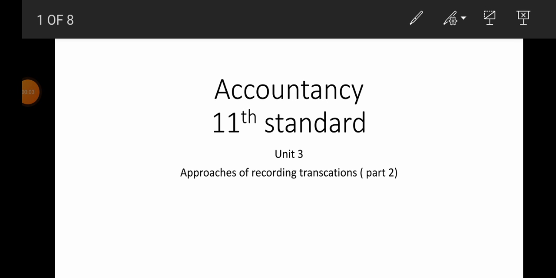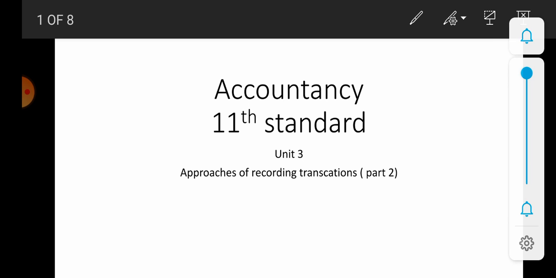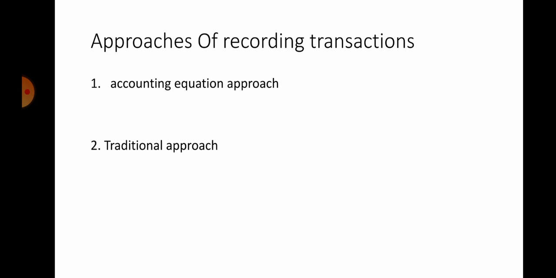Accountancy 11th Standard, Unit 3, Approaches of Recording Transactions, Part 2. In the last video, we have seen the accounting equation approach. What is the accounting equation approach? We have seen one equation, right?